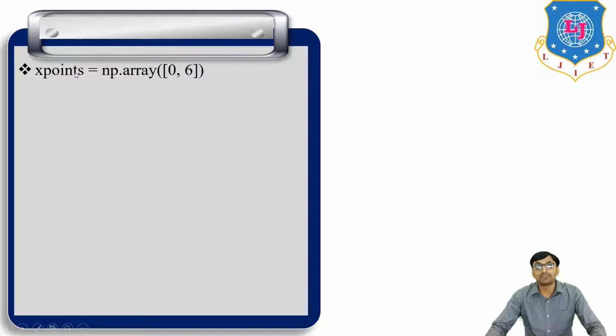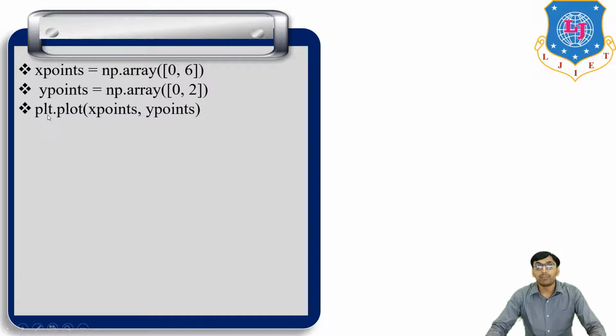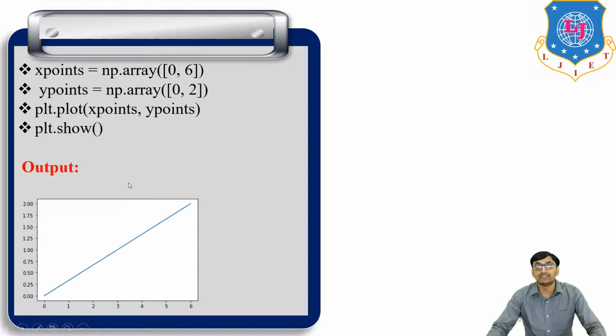Then xpoints is equal to np.array([0, 6]). Then ypoints is equal to np.array([0, 2]). Then plt.plot(xpoints, ypoints). Then plt.show(). So if we run this program, then the output is this one.